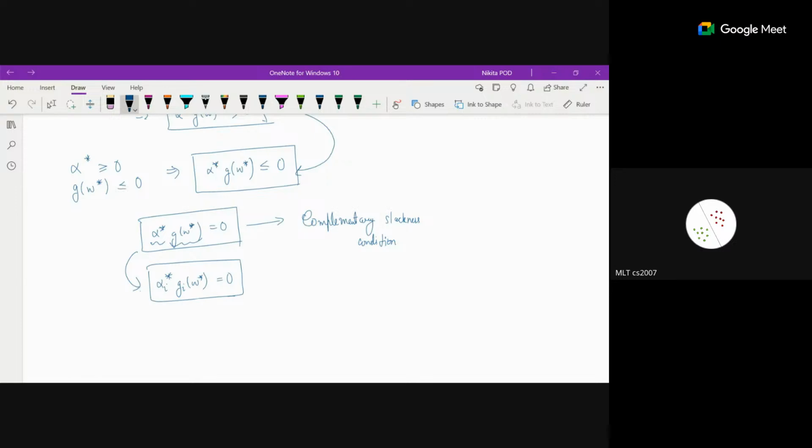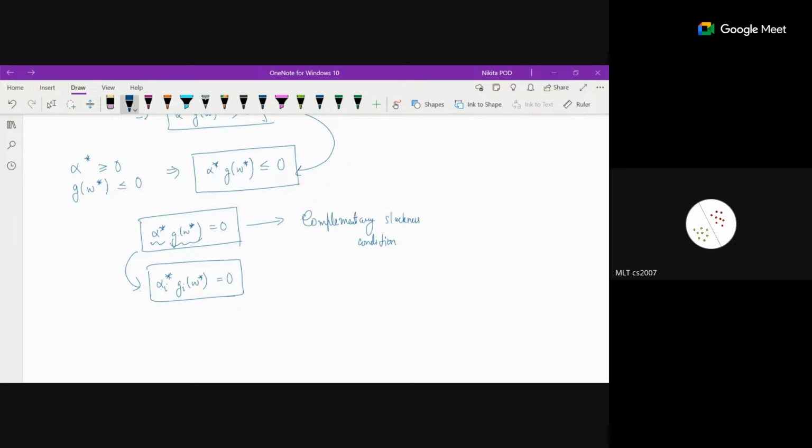Which is the sum over alpha i x i y i. So from there, what we wanted to see is which data points are contributing towards finding my w star.